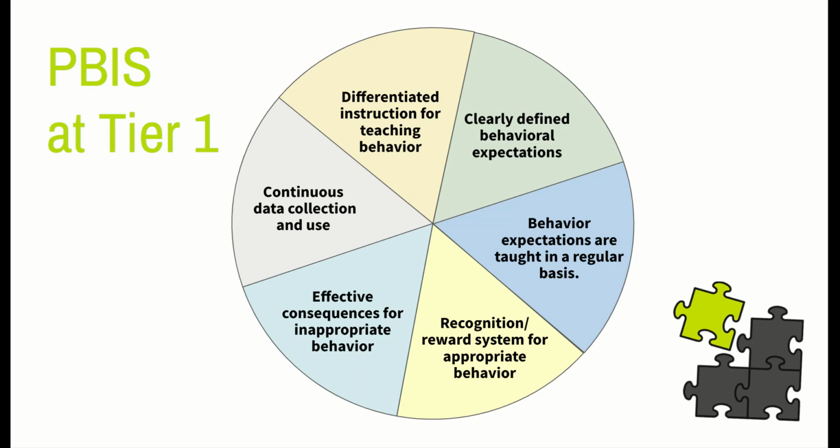If students continue to struggle with certain skills, lesson plans and consequences are adjusted to more directly address students' needs. Finally, universal screening takes place at least twice each year to proactively identify students who could use an extra layer of support.